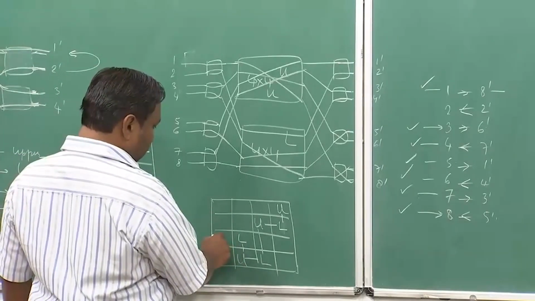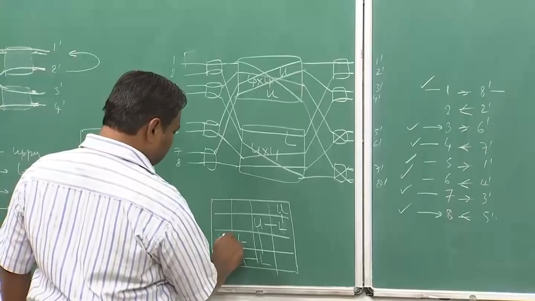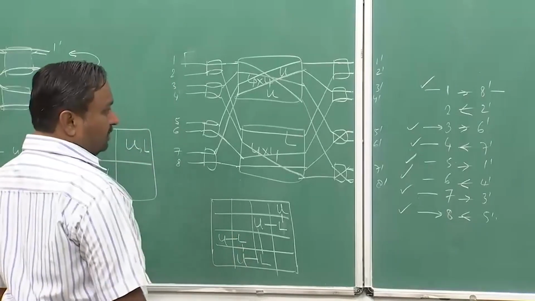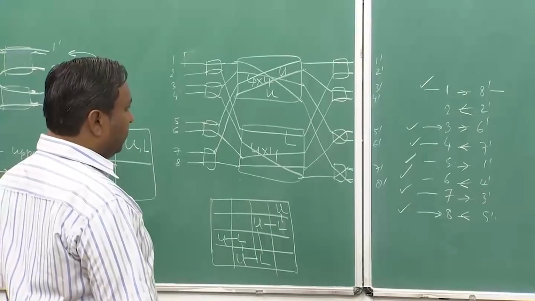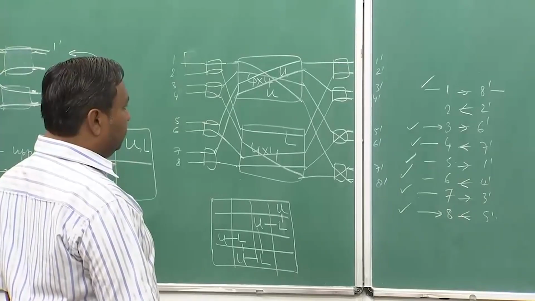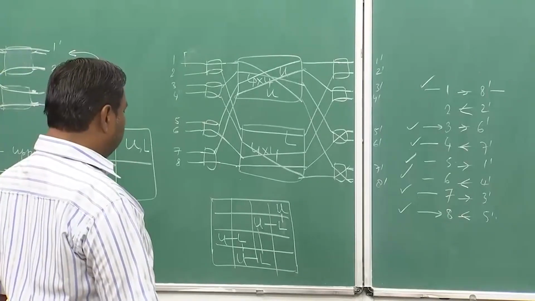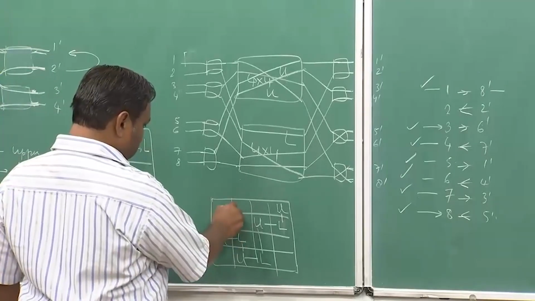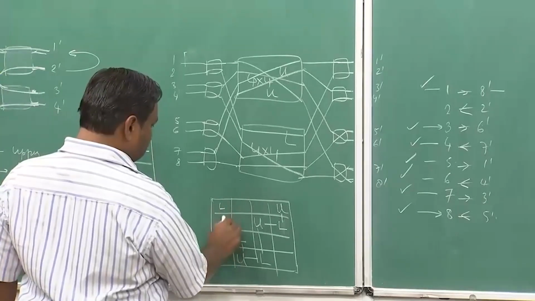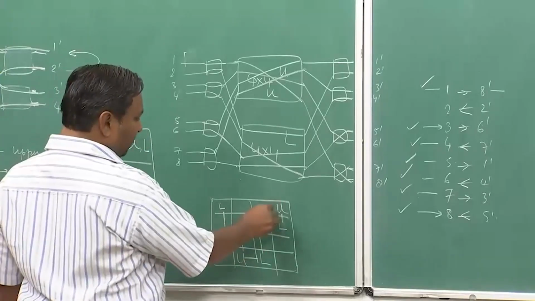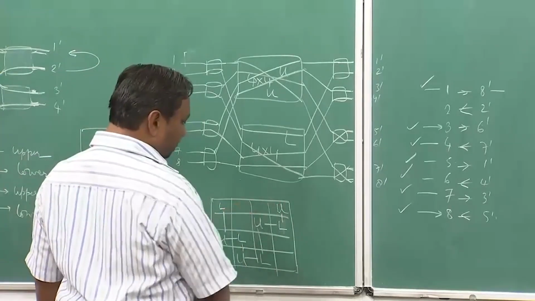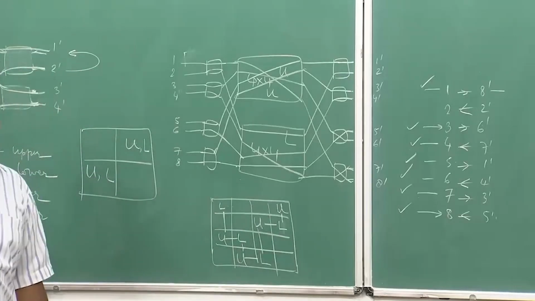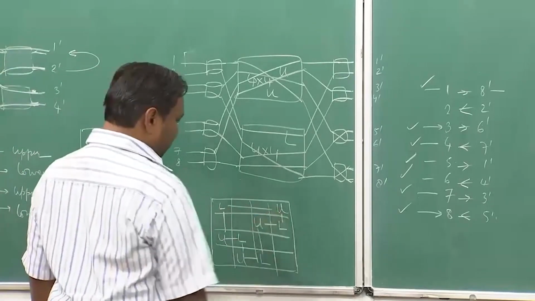So 5 comes here and 1 prime comes here, so upper, and then 2 to 2 prime. So 2 comes here, 2 prime comes here, so I will make lower. I started from here, I came here, and these two are also not conflicting. So I built up the complete loop. There is one single loop which has been done.